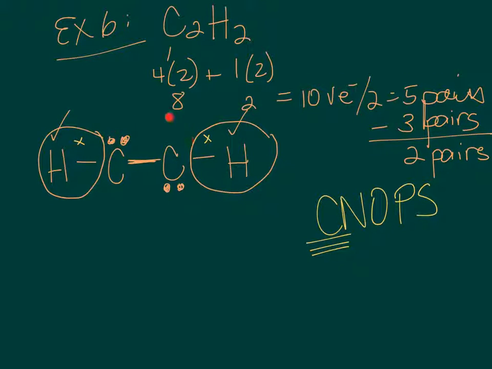So watch what I'm able to do. I'm going to take these 2 that are just sitting there doing nothing. I'm going to move them to the center and make a double bond. So these guys really and truly go away. They're not there anymore because they're in the center.